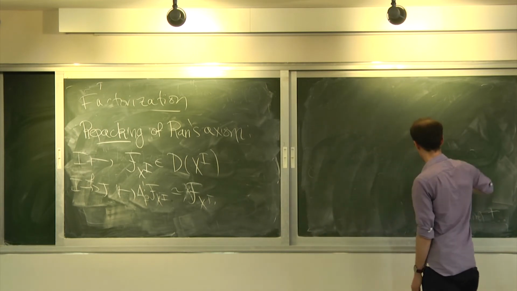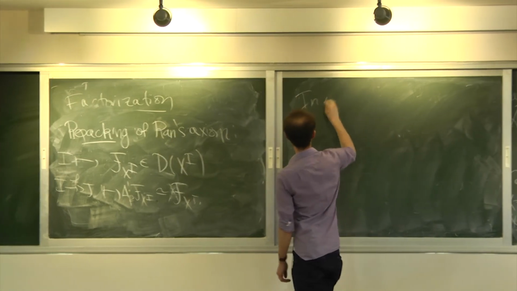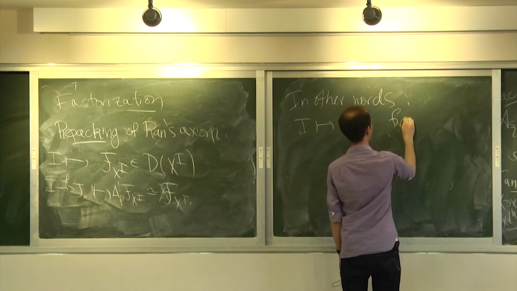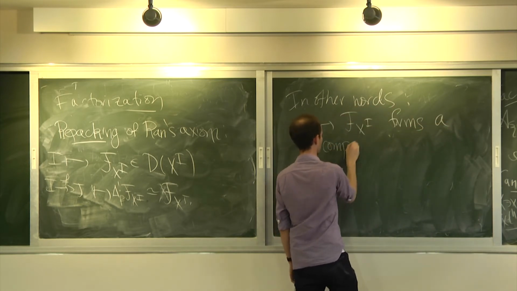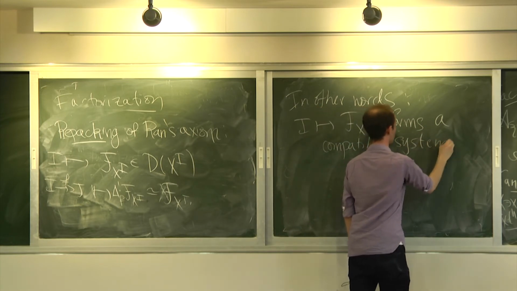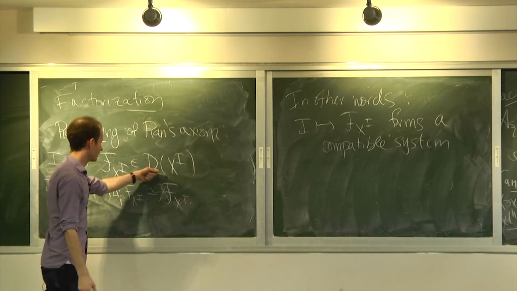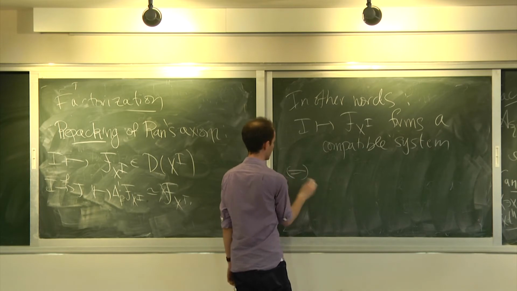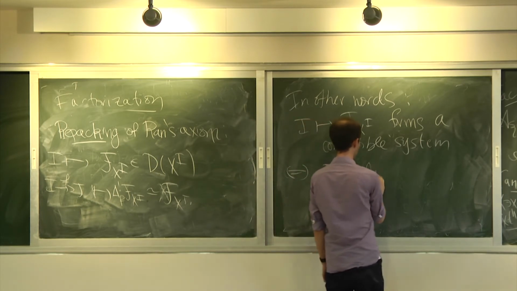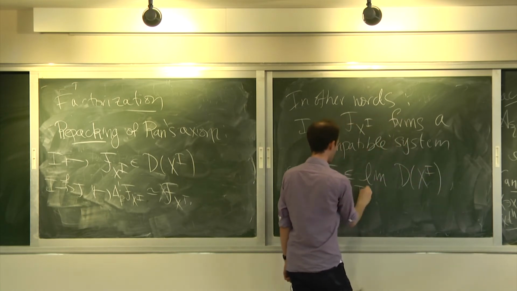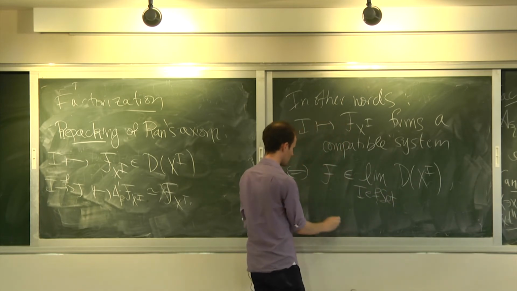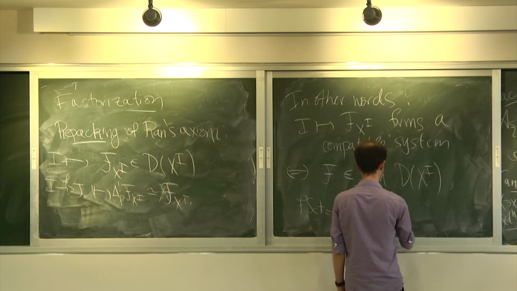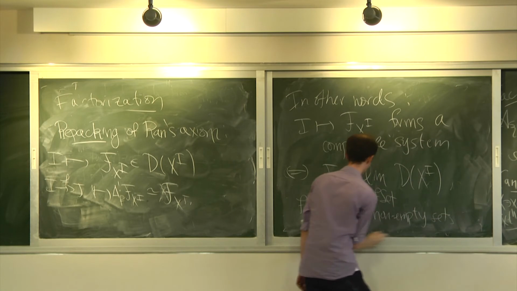In other words, this assignment of I going to F sub x to the I forms a compatible system of D modules in this sequence of categories D of x to the I. What I'm really saying when I say it forms a compatible system is that the data is equivalent to giving an object F in the limit of the categories D of x to the I, where I is varying over what Dennis at some point called FSet. So FSet is the category of finite non-empty sets under surjections.